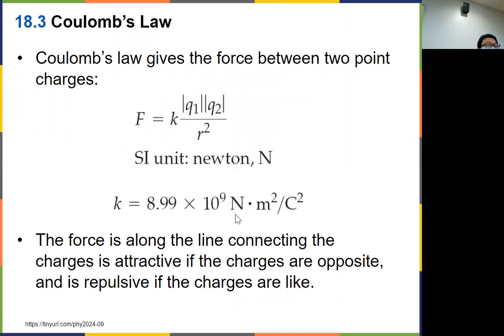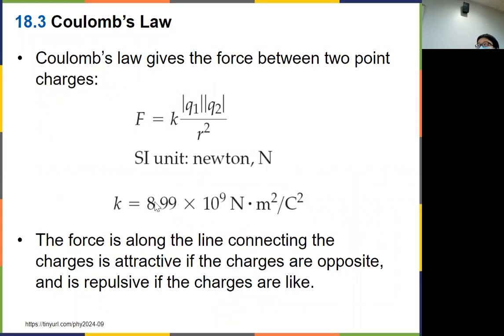We also talked about how strong the interaction between charges is, which is governed by Coulomb's law. The interaction force of any two charges is equal to k times the absolute values of Q1 Q2 divided by the separation squared. Q1 and Q2 are the charges of the two, and k is Coulomb's constant, 8.99 times 10 to the 9 newton meters squared over coulomb squared.